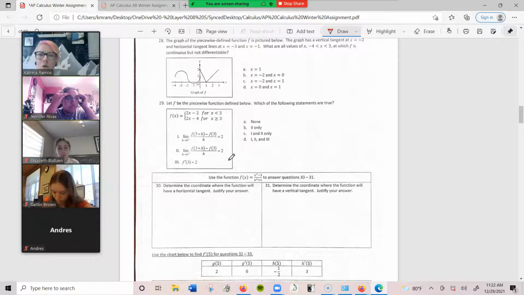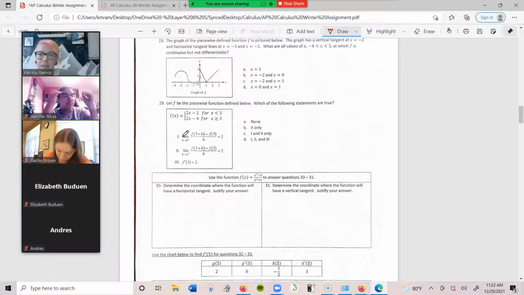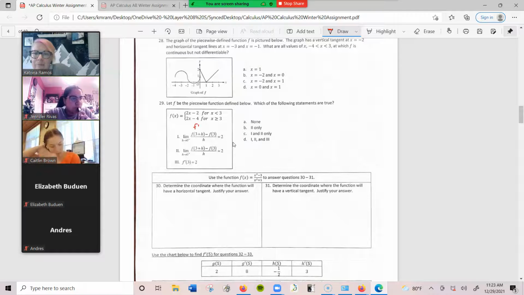If you look at 1 and 2, 1 and 2 are derivatives. It says f of 3 plus h minus f of 3 all over h is equal to 2. What this is saying is f prime of 3 equals 2.